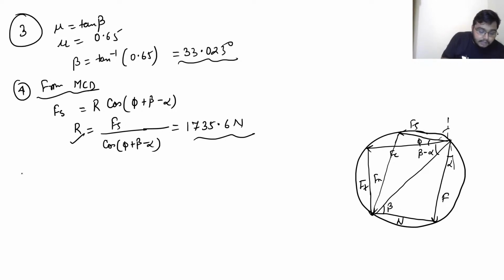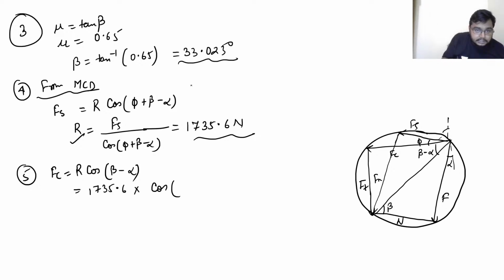Now once you have got the value of R, next thing is cutting force. How can you find the cutting force? Fc is equal to R cos of beta minus alpha. R is 1735.6, cos of beta, beta is given as 33.023, minus alpha.